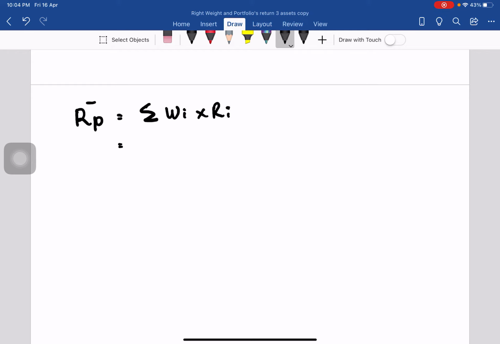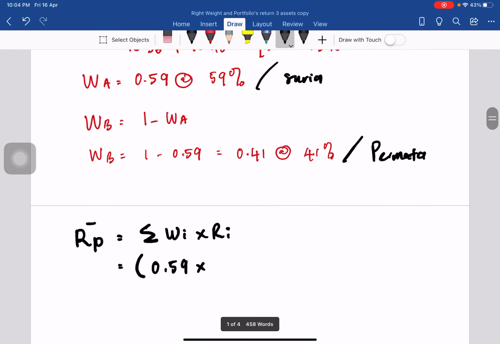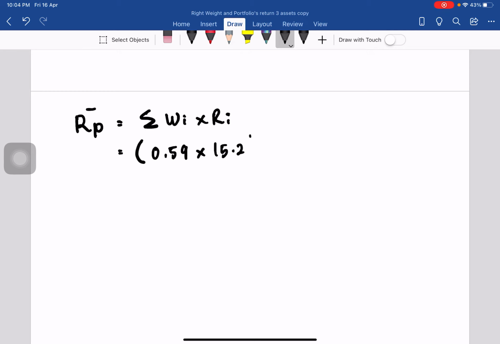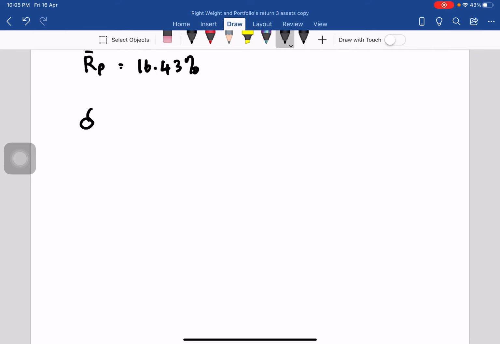The weight of the asset Suria is 59%, so 0.59 times the expected return of Suria, which was given in the table as 15.2, plus 41% or 0.41 invested in Permata, whose expected return is given as 18.2. When you calculate, you get the expected return of the portfolio equal to 16.43%.